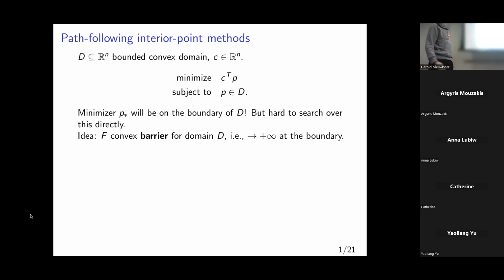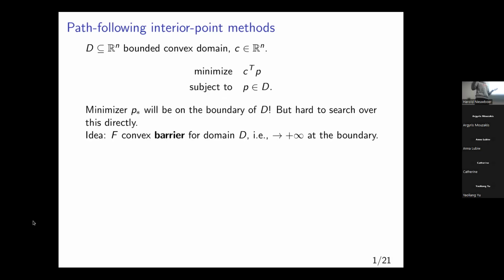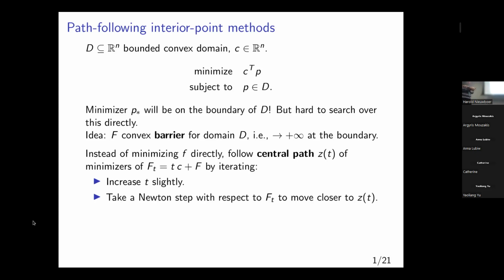One of the key ingredients is that you have to write down a barrier function, which explodes on the boundary of your domain, so it goes up to infinity. And then instead of trying to minimize this linear function directly, you try to follow something called the central path.